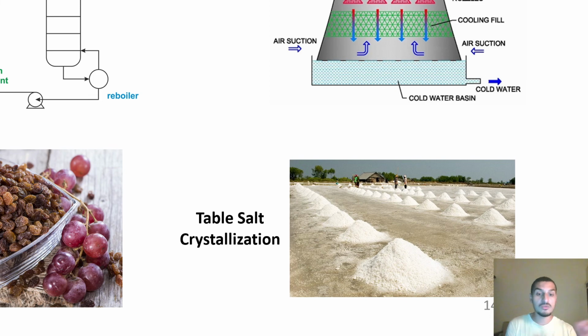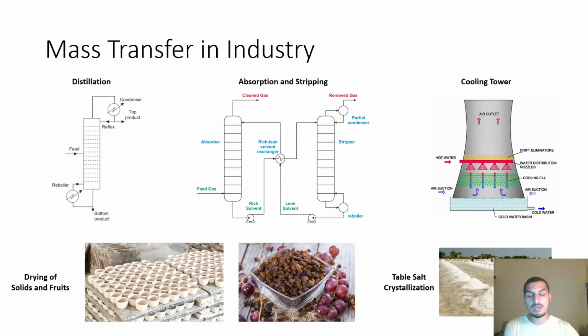It becomes a saturated or supersaturated solution, and the salt can be produced from this process very efficiently. The same applies to sugar production. Sugar is produced from sugar cane or sugar beets, which produces a solution containing a high concentration of sugar. Again, the water is evaporated until it's saturated, and the sugar crystals are produced from this process. So these are some of the applications of mass transfer in our daily life and in industry.